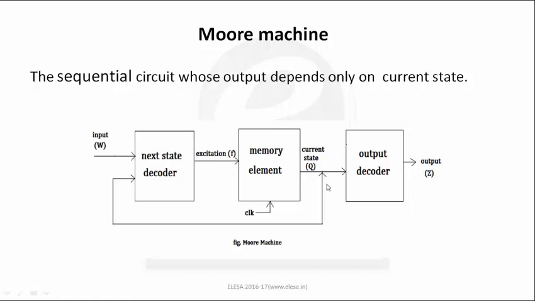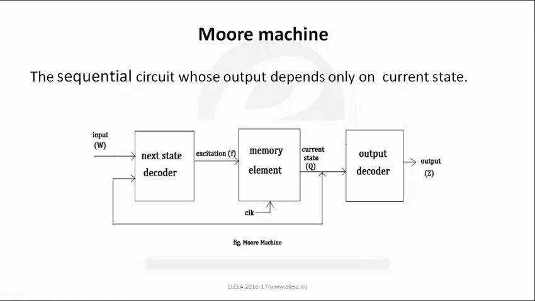Another combinational logic circuit generates the output. You can see that the output is only a function of the current state. The present state is stored in this memory. There is no impact of the input on the output, so this is called the Moore machine.